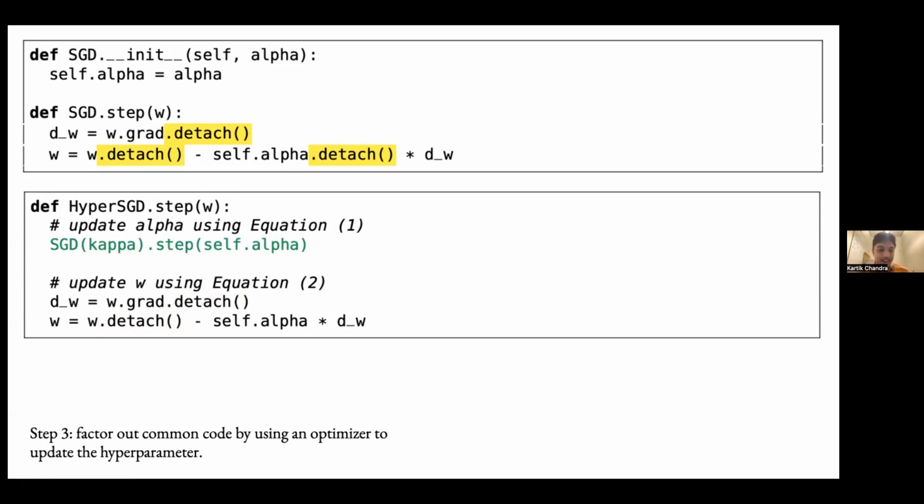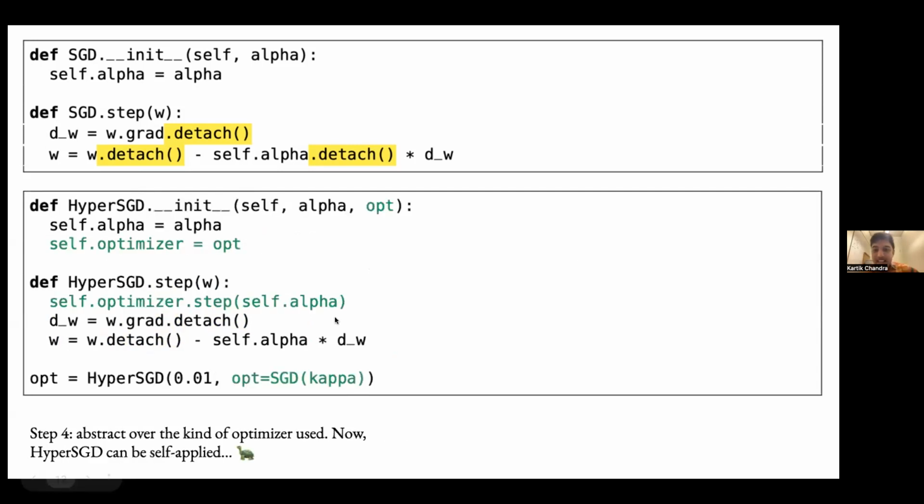Nods? Great. And then you think, but really, this isn't quite the most general formulation, because there are other optimizers out there. Why do we have to force this to be SGD? So as a final transformation, we take the optimizer to use as another hyperparameter, and then we use that optimizer to step alpha.